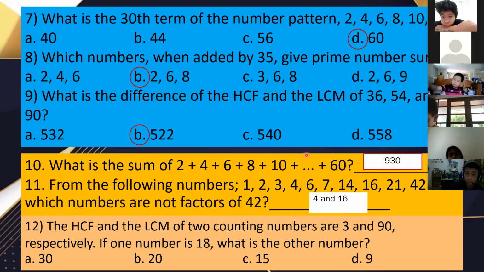Number 12. The HCF and the LCM of two counting numbers are 3 and 90, respectively.